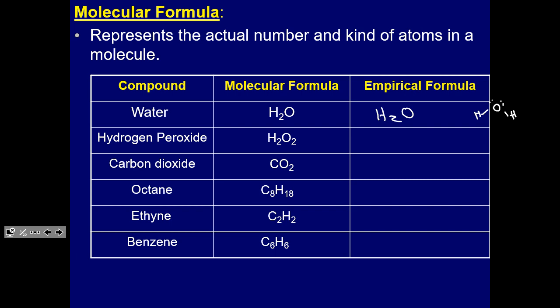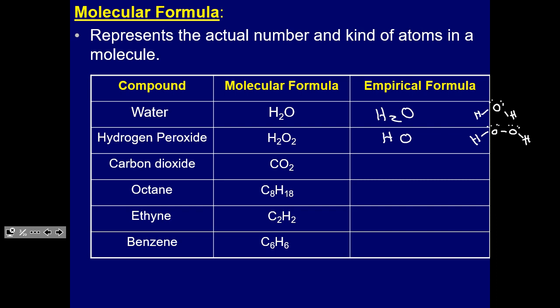So hydrogen peroxide, which is H2O2, has an extra O, so it gets a per on the front end, just like the per we use when we do oxyanions. Its empirical formula would be HO, because we could cancel out a common factor. But its molecule is actually 2 units of those HO.